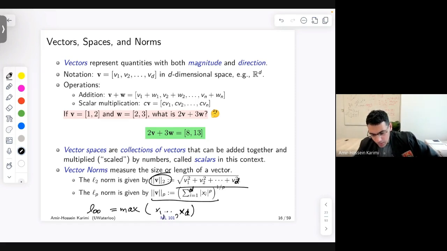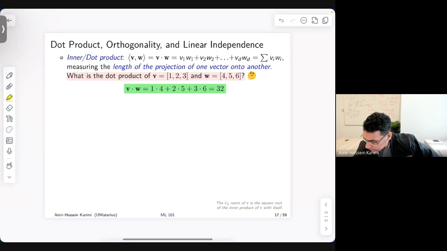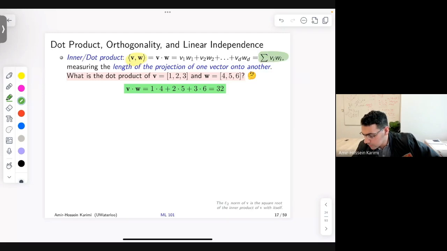Okay. Besides measuring individual vectors, we also found it important to understand the relationship between vectors. And one of the important relationships was called the inner or dot product between two vectors. The inner or dot product can be written as this expression up here, which is the sum over all the element-wise products between the different dimensions, or compactly as the sum you see there.